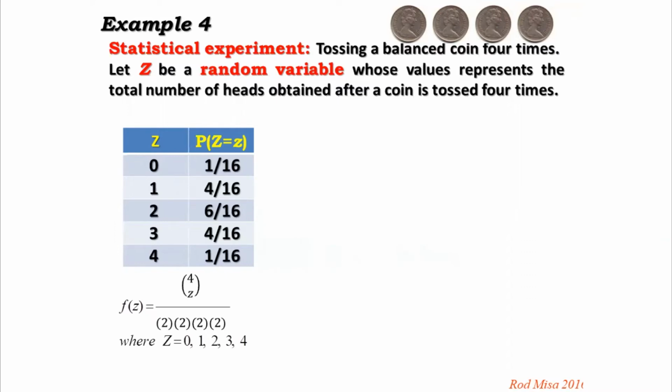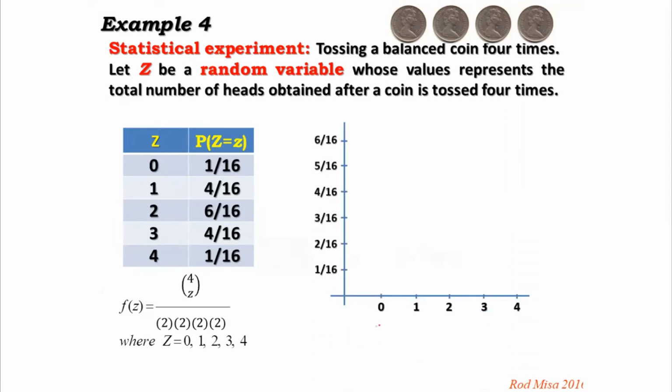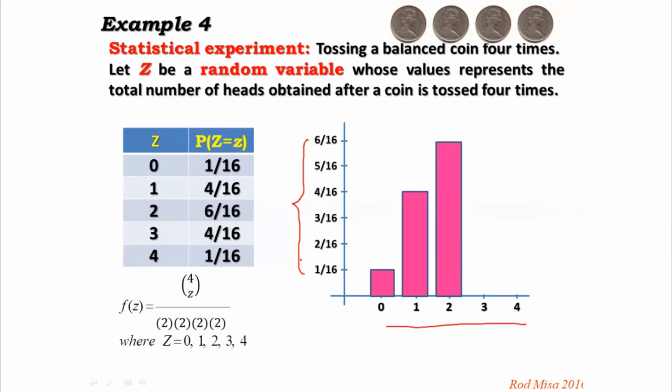And this representation is a functional representation of the probability distribution. But then again, we can represent this probability distribution using a graphical representation, wherein the values in the x-axis represents the values of the random variable and the values in the y-axis its corresponding probabilities. So the first random variable 0, we have a probability of 1 over 16. And for the random variable 1, having a probability of 4 over 16. Random variable 2 with probability 6 over 16.